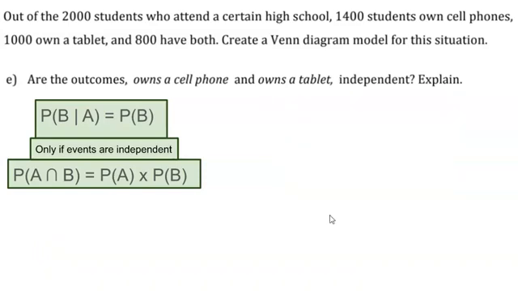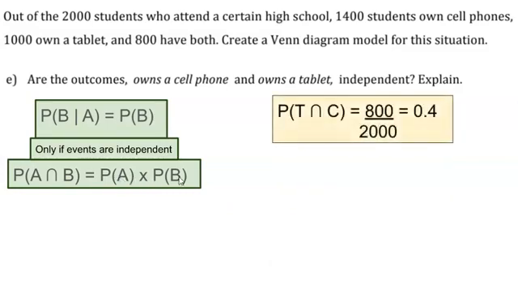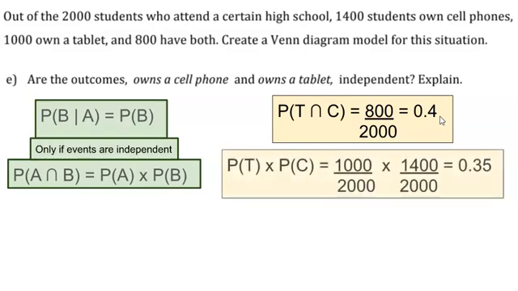Since these values are not the same, the outcomes of owns a cell phone and owns a tablet are not independent. The other method would be to check to see if the probability of A and B is equal to the probability of A times the probability of B. We've already calculated the probability of owning a tablet and a cell phone. It was 0.4. Now we just need to calculate the probability of owning a tablet and the probability of owning a cell phone and multiply. So the probability of owning a tablet was 1,000 out of 2,000.